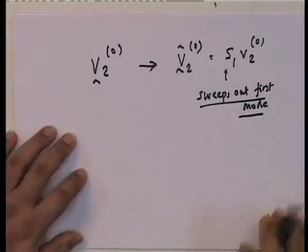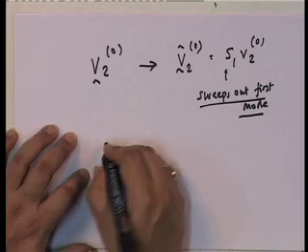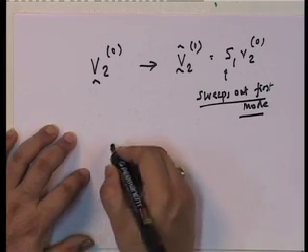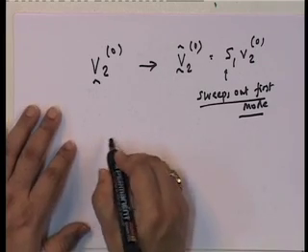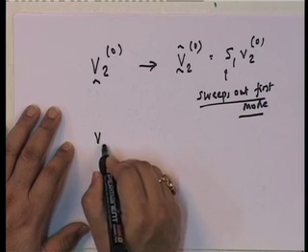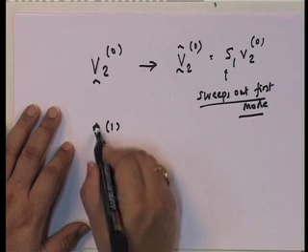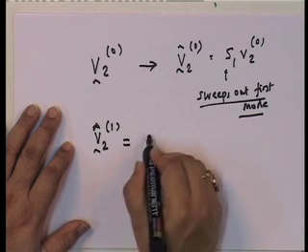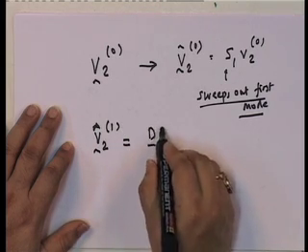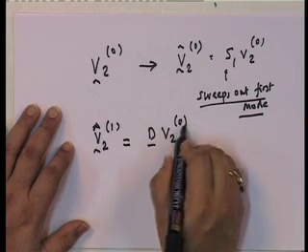Then we can write this in this format: find out V2 1 hat is equal to D into V2 hat.